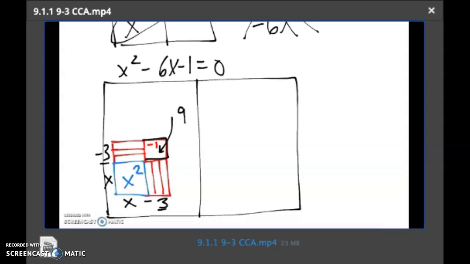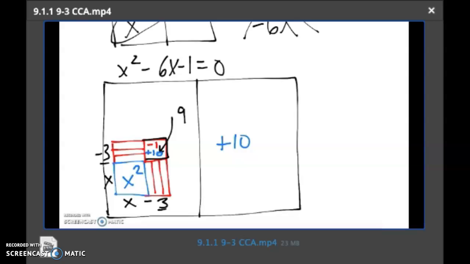There needs to be 9 in that corner since the dimensions are negative 3 times negative 3. Well, right now I have a negative 1 there. So to make that 9, I would have to add a positive 10 to that negative 1, so that the negative 1 cancels out with one of the positive ones, and then I do in fact get 9 in that corner. And if I added a 10 to the left side, I need to add a 10 to the right side.